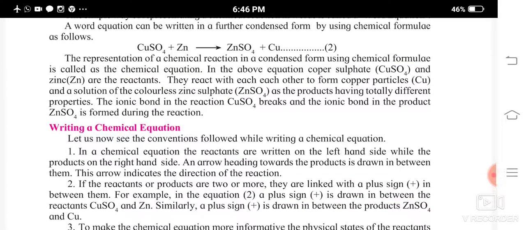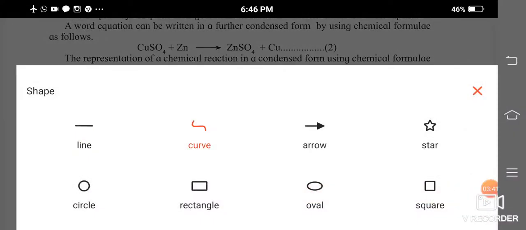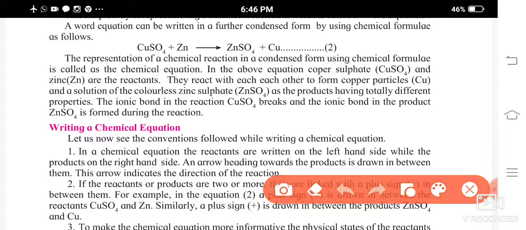Now let me explain this to you. First of all, the left side substances we call reactants.